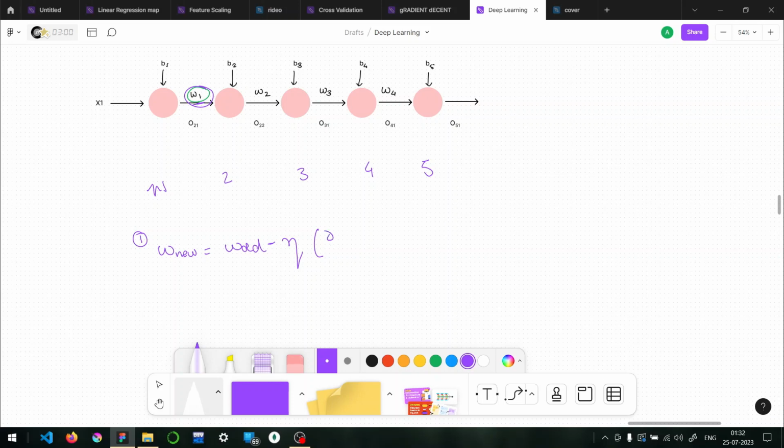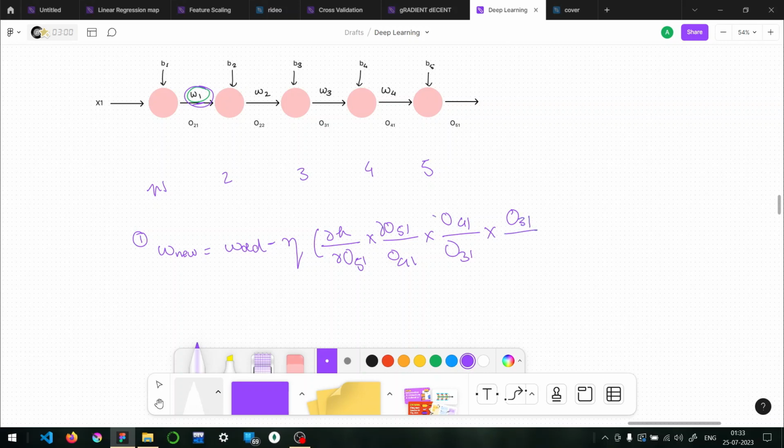So the partial derivative of the loss function with respect to O51, then O51 with respect to O41, O41 upon O31, that 3.